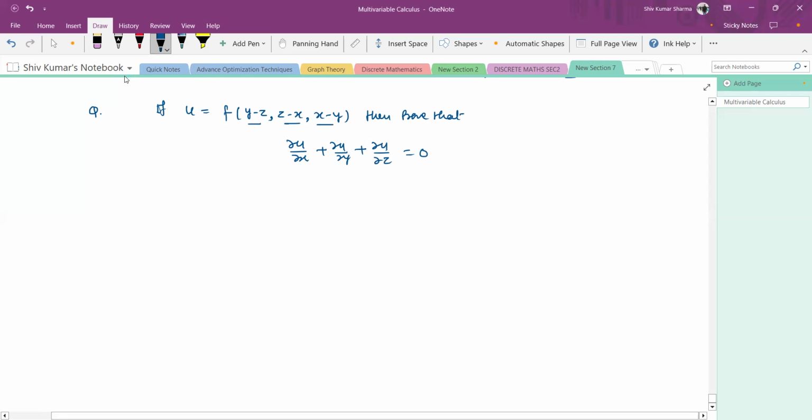So here we have three functions that we consider. While doing the solution of this problem, let us assume that x1 is equal to y minus z, x2 is equal to z minus x, x3 is equal to x minus y.